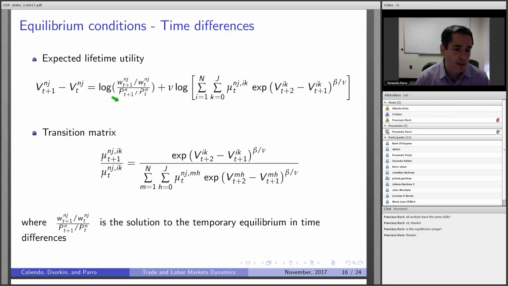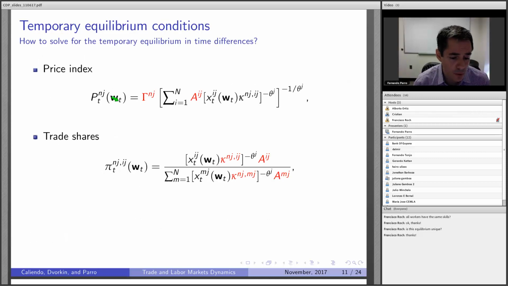And the changes in real wages over time are going to be the solution to the production structure that I showed you some slides ago, expressed in time differences. So here you have two of the equilibrium conditions from the production structure.